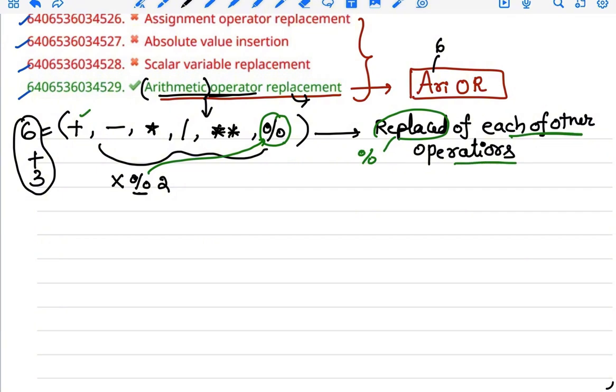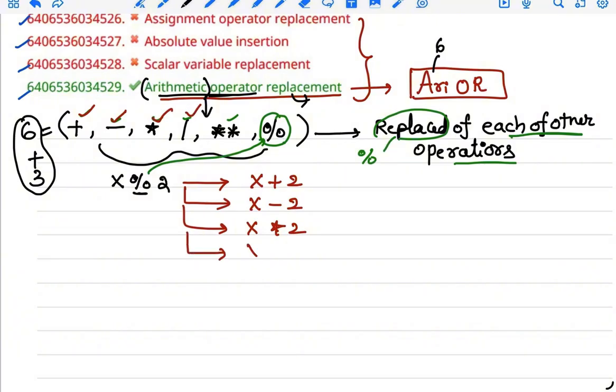So x percent 2 is replaced first by x plus 2, and next by x minus 2, and star, that is x star 2, and slash, x slash 2, and power, x double star 2, that is x square.